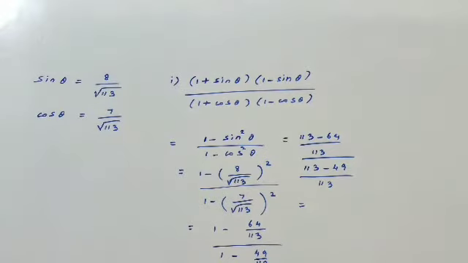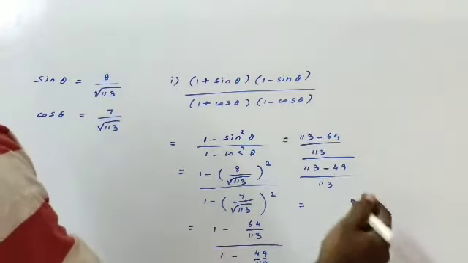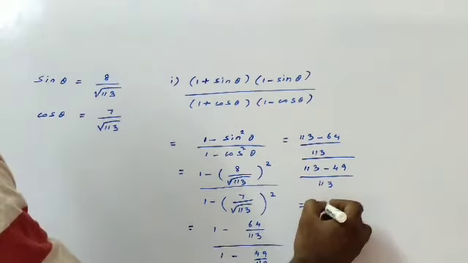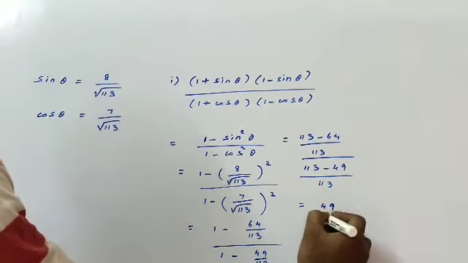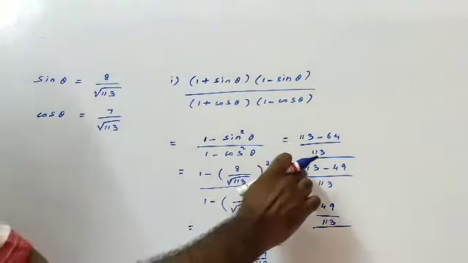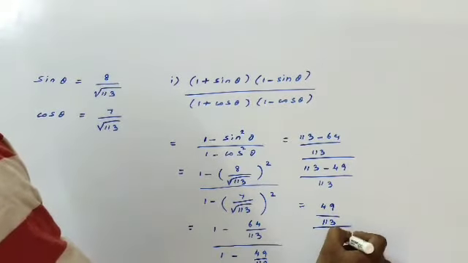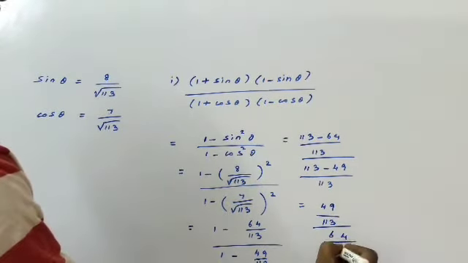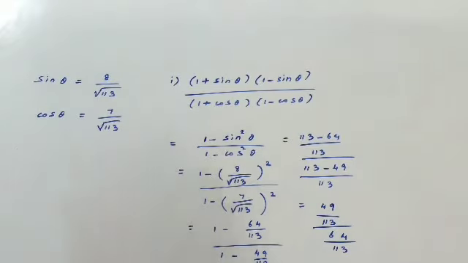Now subtract the value 64 from 113. 13 minus 4 gives 9, 10 minus 6 gives 4, so 49 divided by 113. Then, for the denominator, 113 minus 49 gives 64 divided by 113. Now we have 49 divided by 113 and 64 divided by 113.